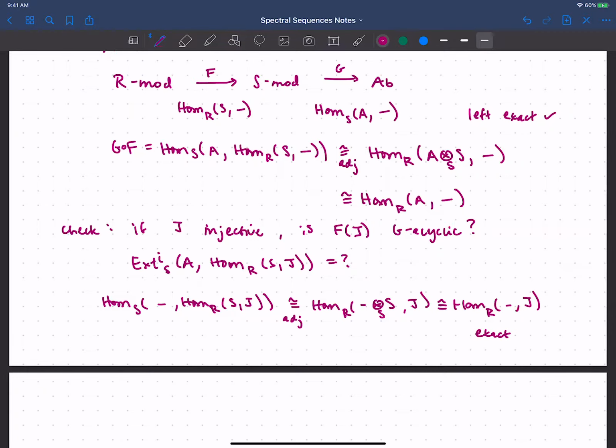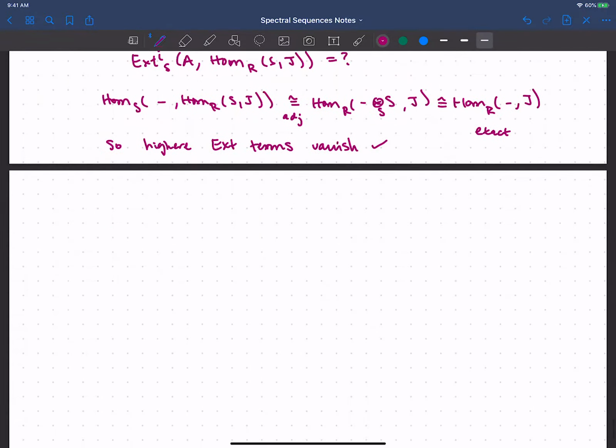We're homming to an injective, and so this other functor is exact, and so the higher Ext terms vanish. So all our higher Ext terms vanish, and yes, F of J is G-acyclic. Okay, so we have a Grothendieck spectral sequence.